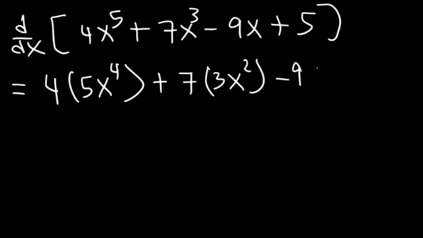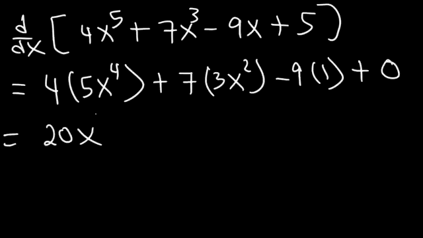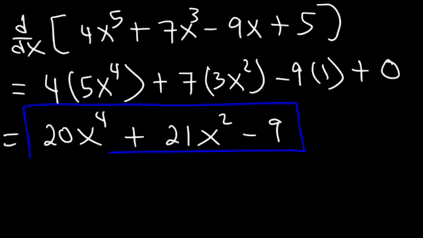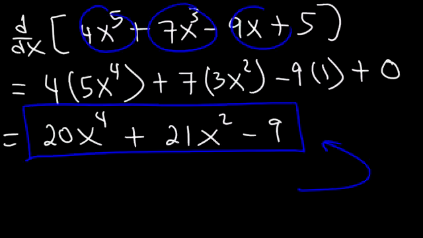And the derivative of x is 1. The derivative of a constant is 0. So 4 times 5 is 20. 7 times 3 is 21. And this is going to be it. So it's 20x to the fourth plus 21x squared minus 9. So you just have to differentiate each term separately.